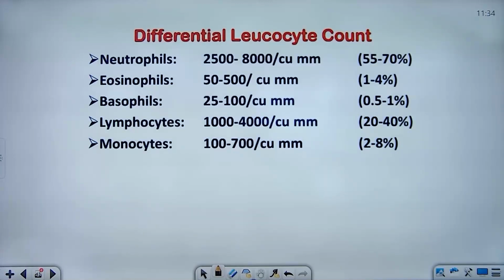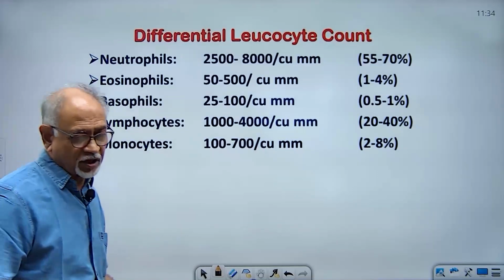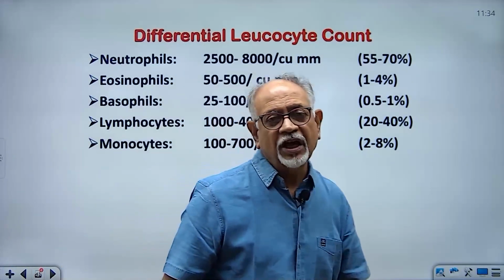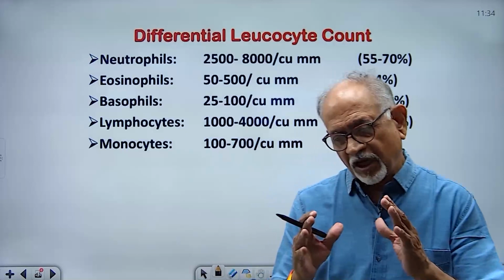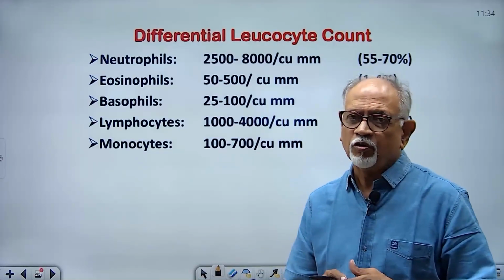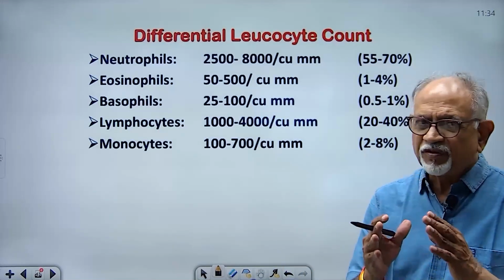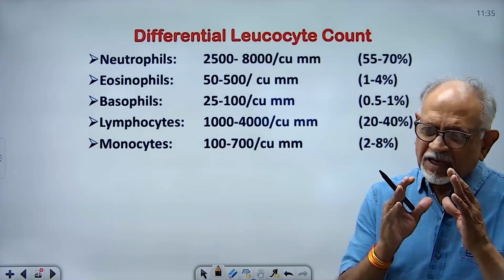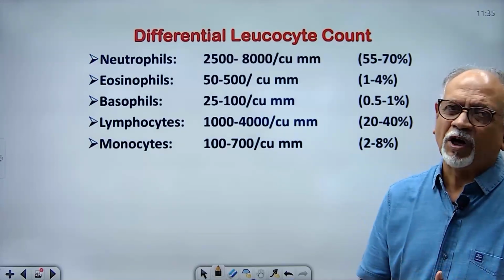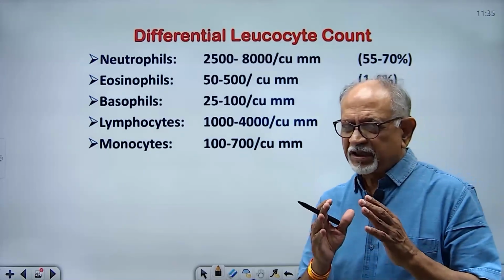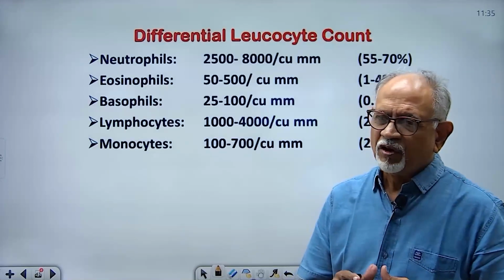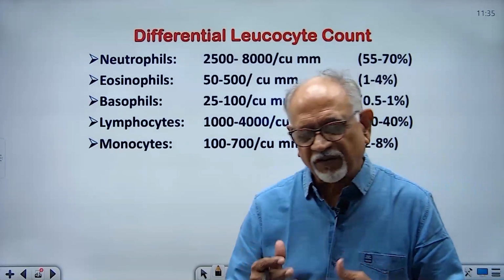Now coming on to the differential leukocyte count. Earlier we have seen that counting the leukocytes gives an elementary idea about the type of illness the patient is suffering from.